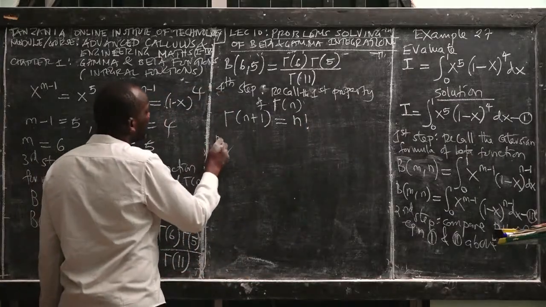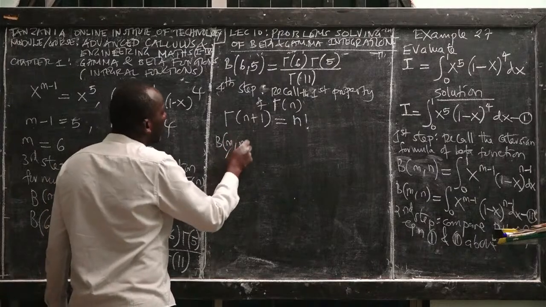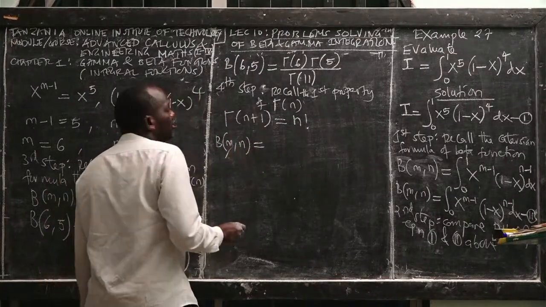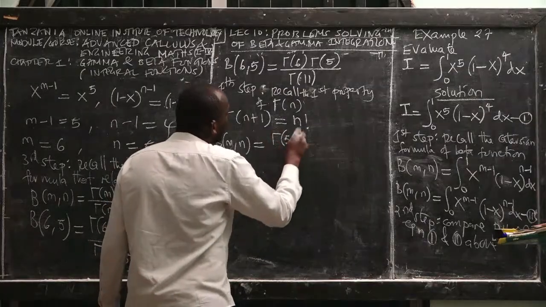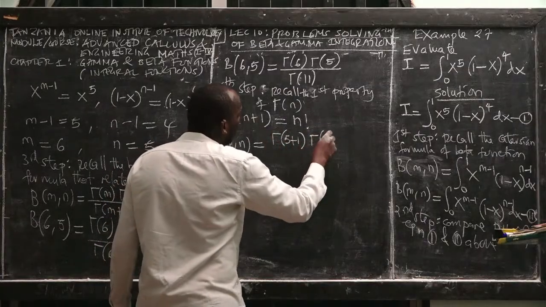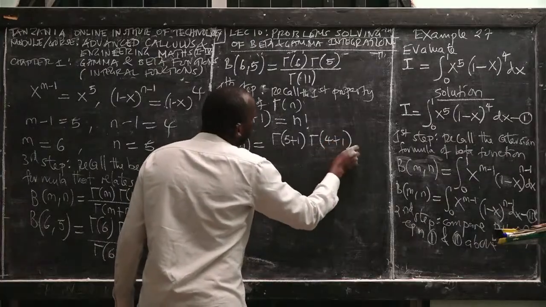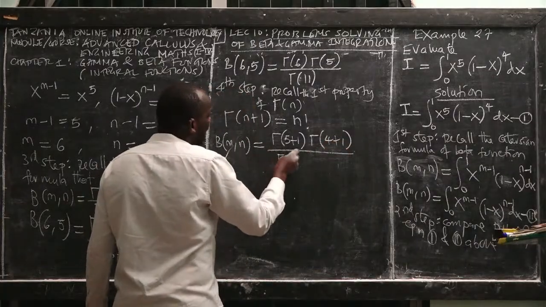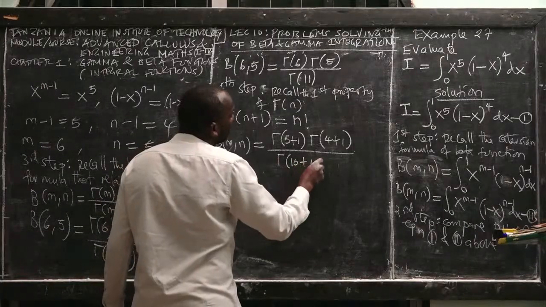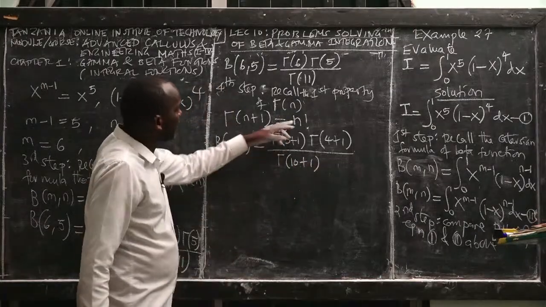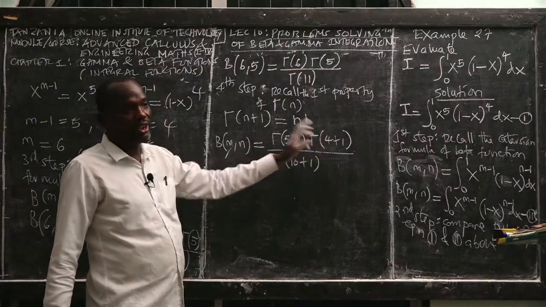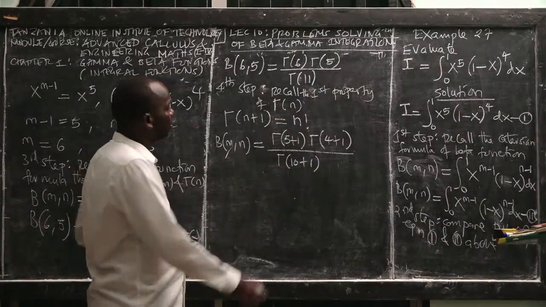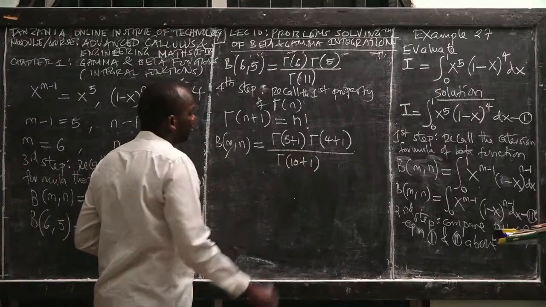So for that case, beta of m comma n is equal to gamma of 6, it's gamma of 5 plus 1, multiplied by gamma of 5, it's 4 plus 1, then divided by gamma of 10 plus 1. Here the value of n is 5, then 4, then 10.